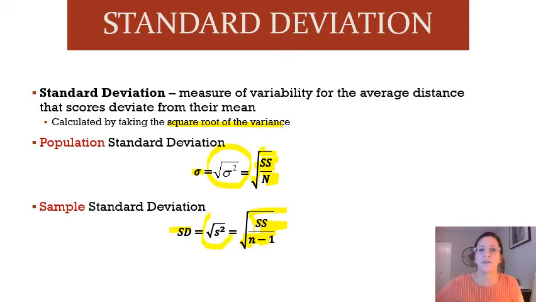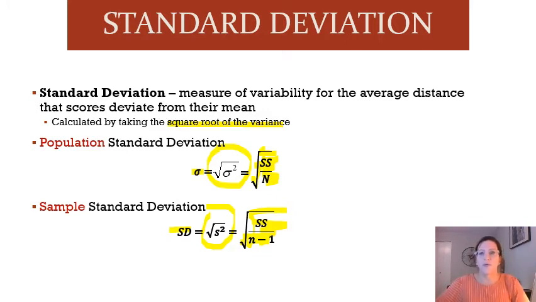Again, it's important to know your notations, because if you're reporting a sample standard deviation, it should be either lowercase s or capital S, capital D, to specify that it is the sample standard deviation.